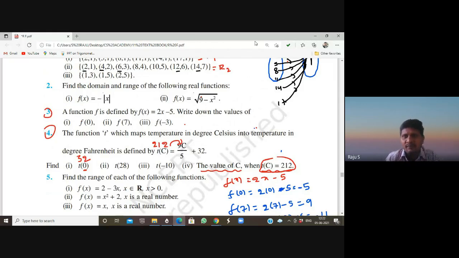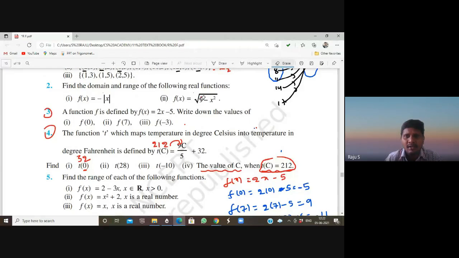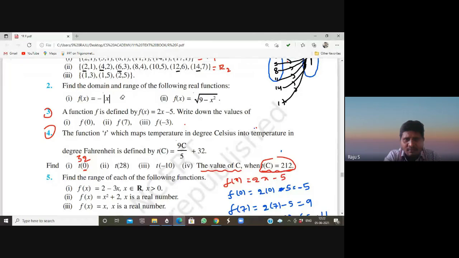See, finding the domain mathematically, we will do in a different way. Generally we think that way. I'm going to draw the graph of f of x is equal to modulus x minus 6. Here no need to draw the graph, but for understanding purposes, I'm going to draw the graph of the second question. In the second question, find the domain and range.